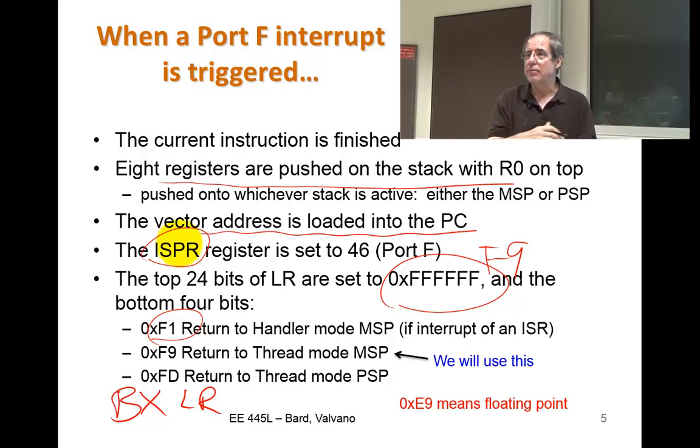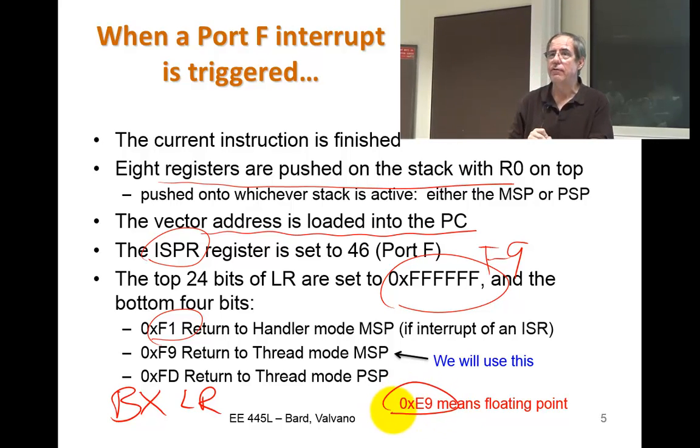And if it's got some regular address, it'll just put that in the program counter, and that's a return from subroutine. If you see an E in that 7th digit, E9 means that was floating point, by the way, and that means your lab partner turned on the floating point, and there's a whole bunch of stuff up on the stack.